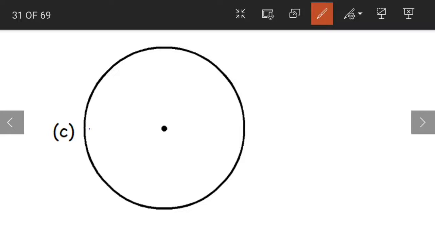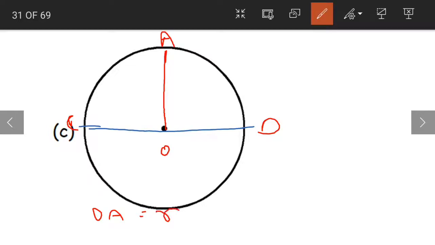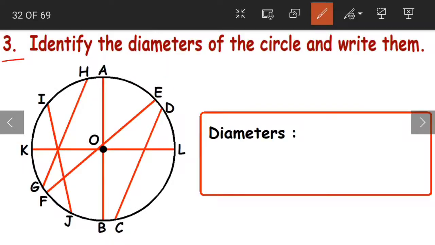Now another, again this becomes our diameter and this line, red line, becomes our radius. If we call it as O, A, B, C and D, OA is equal to radius, CD is equal to diameter. Now coming to question 3, identify the diameters of the circle and write them.